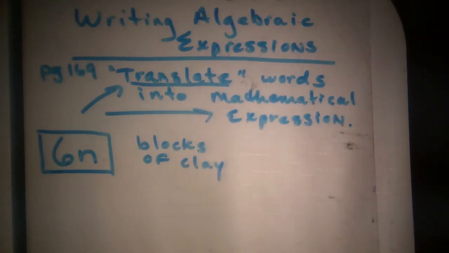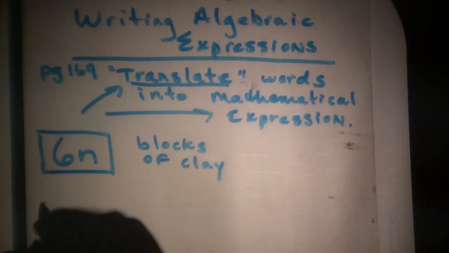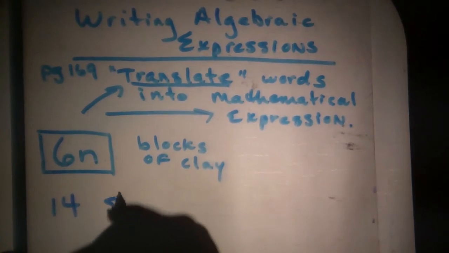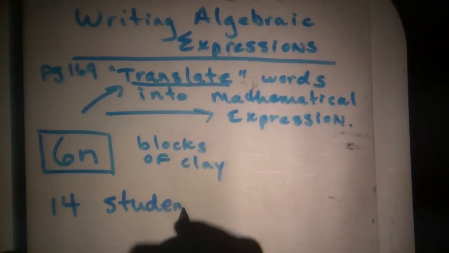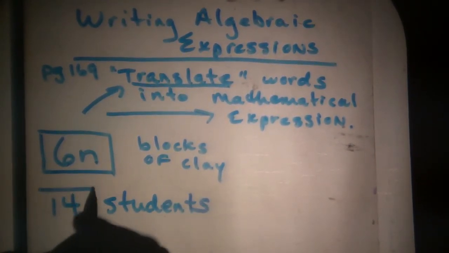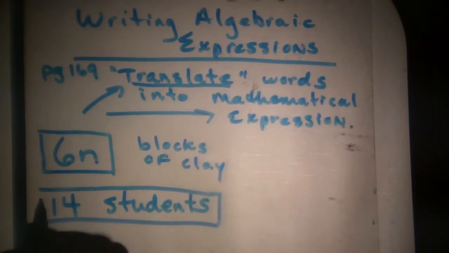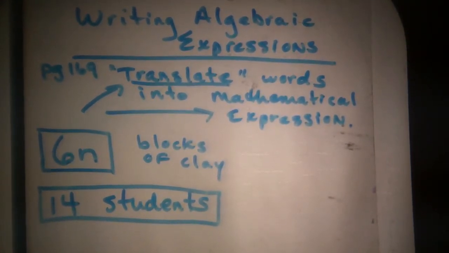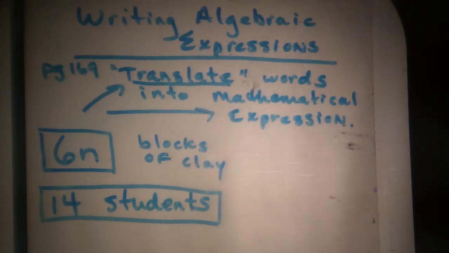Alright, 6n blocks of clay are shared among 14 students. I have 14 students. That's probably something else I'm going to need to know. And then there was a key word. When I'm thinking about translating words into mathematical expressions, I read shared among 14 students.